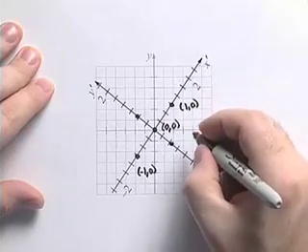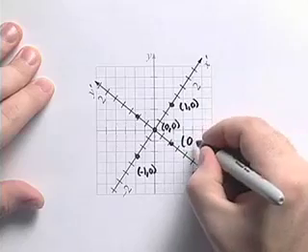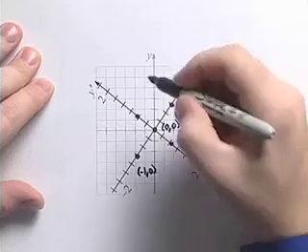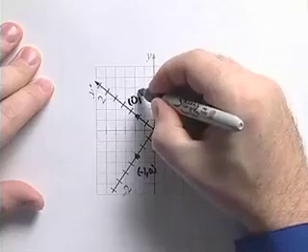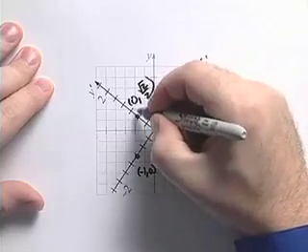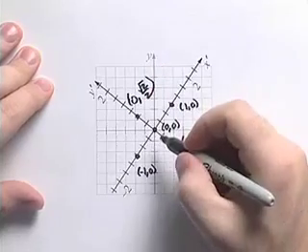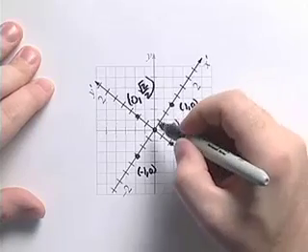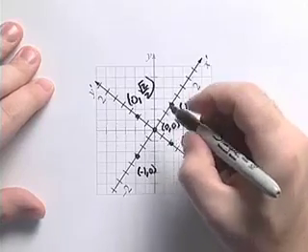That will give us 0, negative square root of 2 over 2 for that point. And then up here we'll have 0 and positive square root of 2 over 2. We're going to plot our two foci. That's going to be at roughly plus or minus 0.7, 0. Again, square root of 2 over 2.